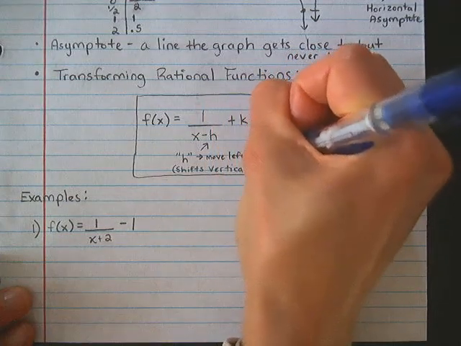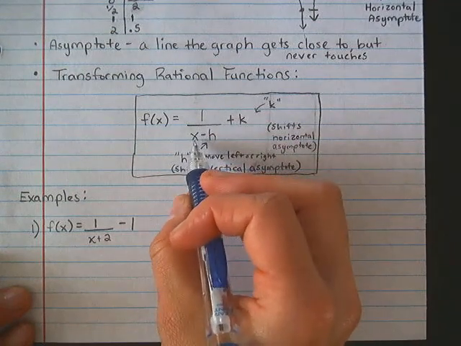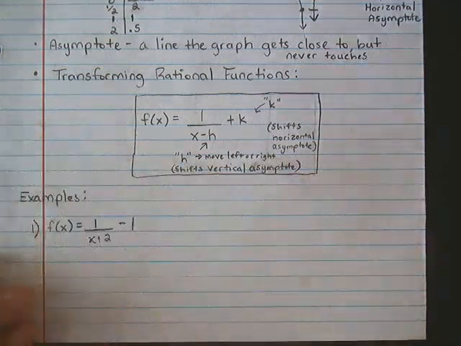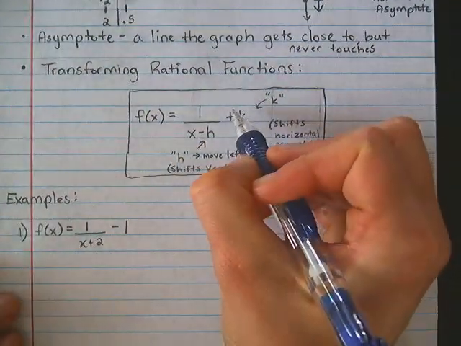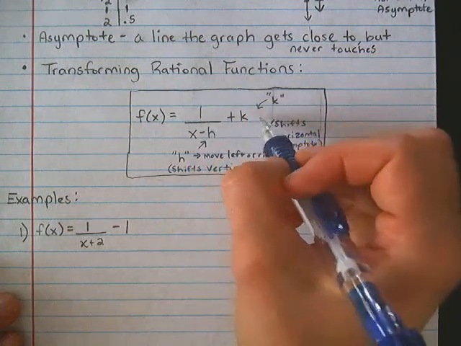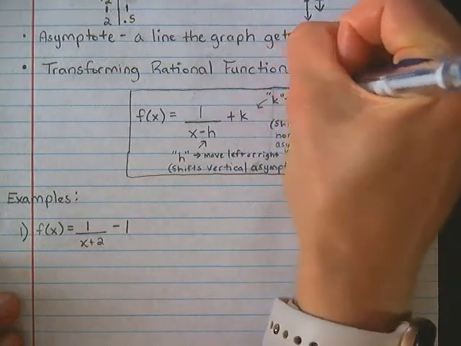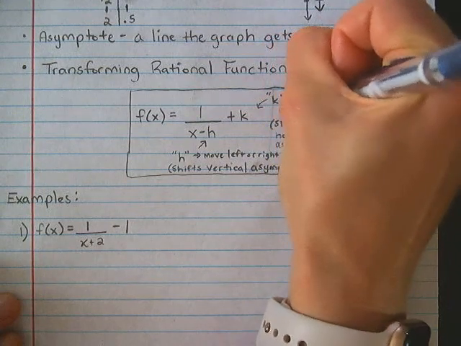Okay, so you have to remember that part. So if there is a number being added or subtracted to the x part of your equation, it's going to move it left or right. Whereas if you have a number that is kind of not with the x, in other words, like it's outside of the function, the outside stuff, it's going to move it up or down. So that k will move it up or down, okay?